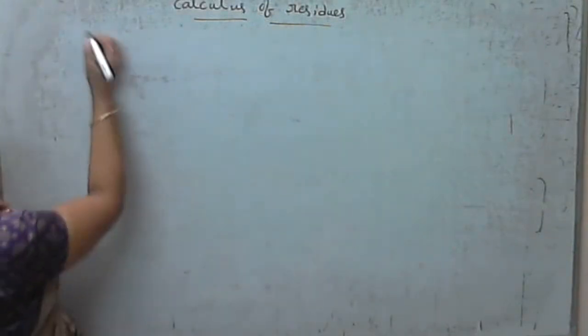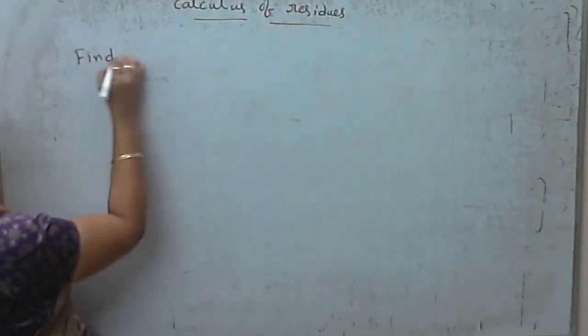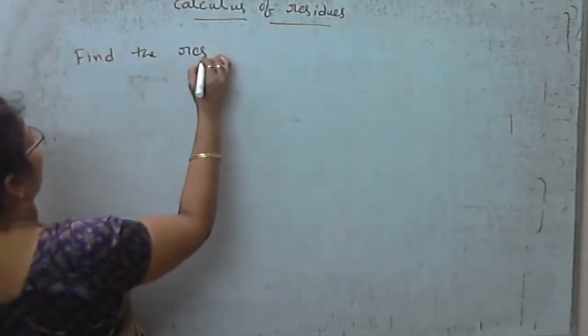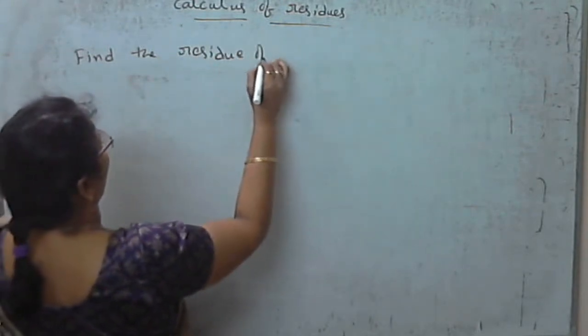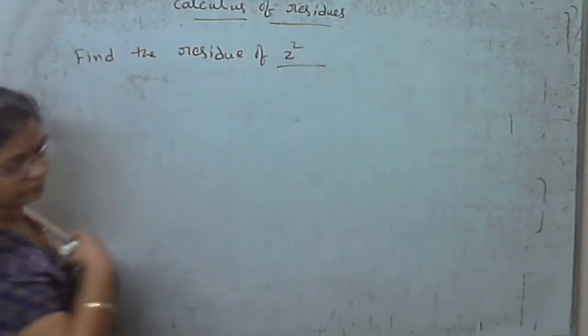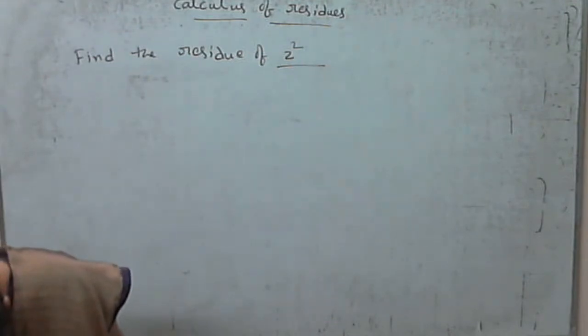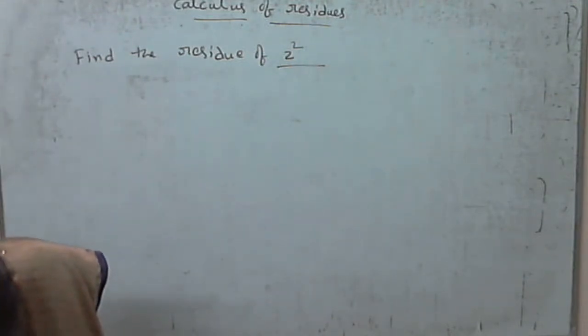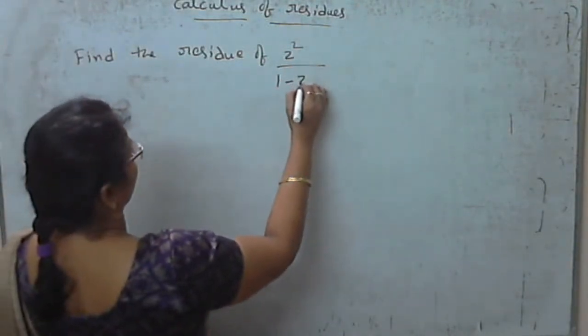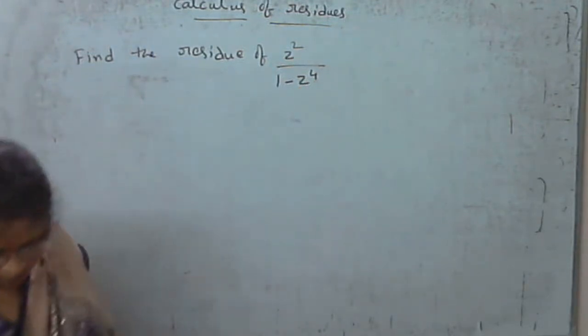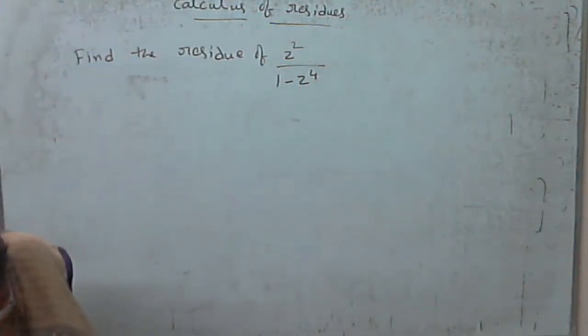Find the residue of z square by 1 minus z power 4. So this is f of z.